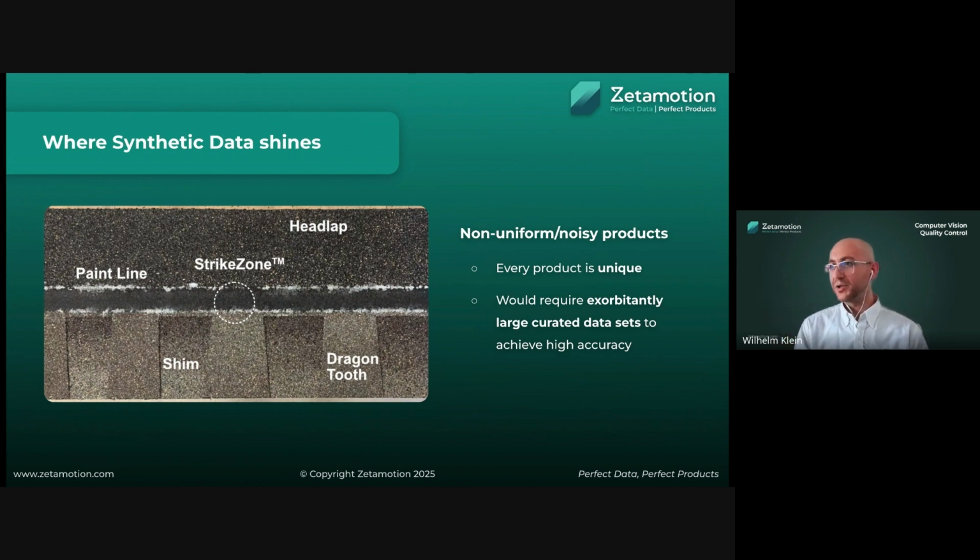So every single one looks completely different. And you can imagine that this is a complete nightmare for classic machine vision, because everything could be a potential defect. So here you would require just an insanely large amount of data to account for all of the variation. This is another area where our system shines, because we can generate that data ourselves.